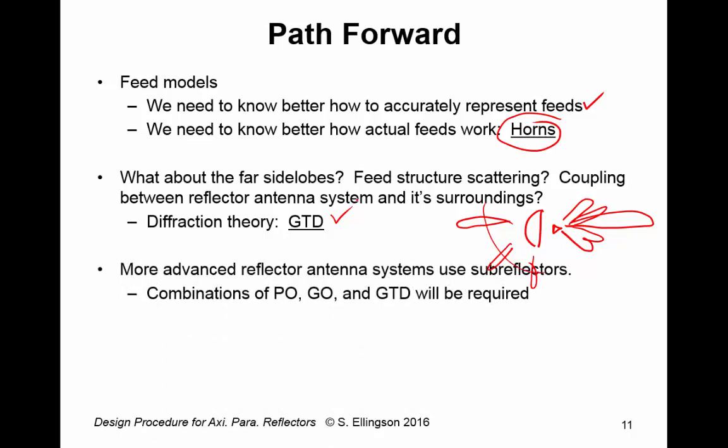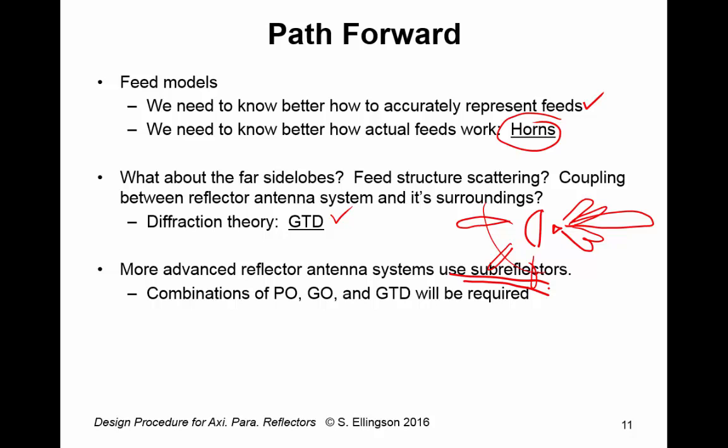Another thing we're going to have to address is more advanced systems of reflector antennas using subreflectors. Now, subreflectors turn up oftentimes when you have a focal length which is longer than what you can accept, and you need to make the reflector more compact without reducing the F over D. And a way to do that is using a subreflector.